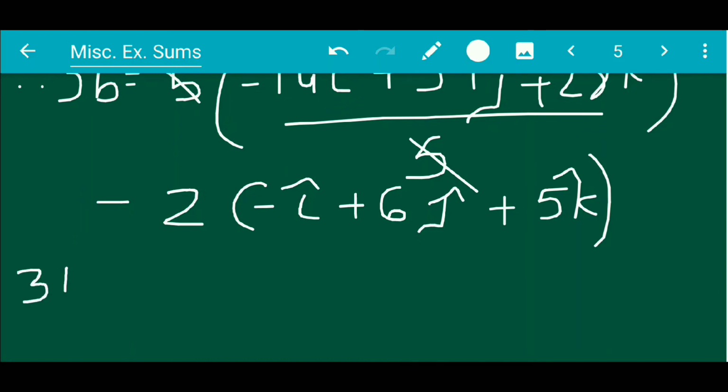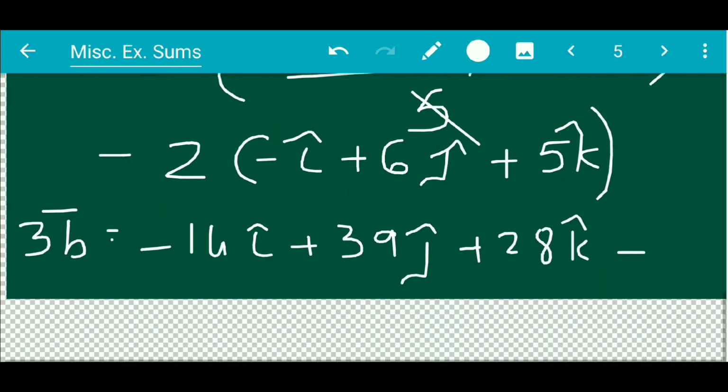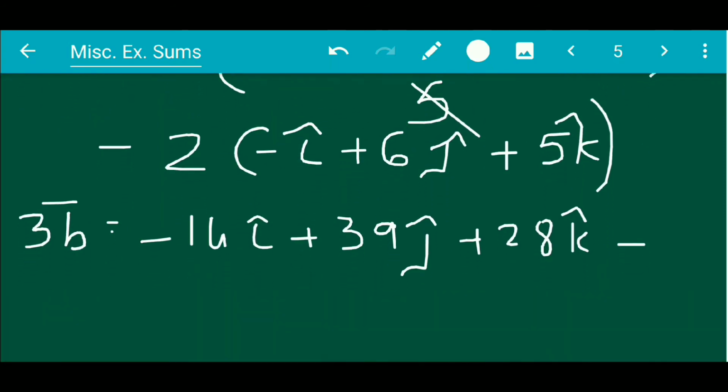So we get 3B bar is equal to... now remember, when we open the bracket, there is a minus sign outside the bracket. So when we multiply, we also change the sign.